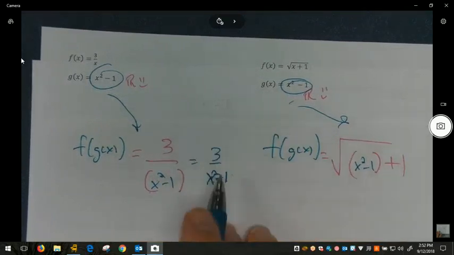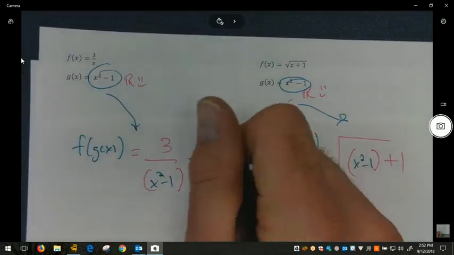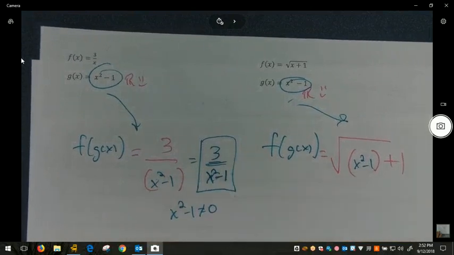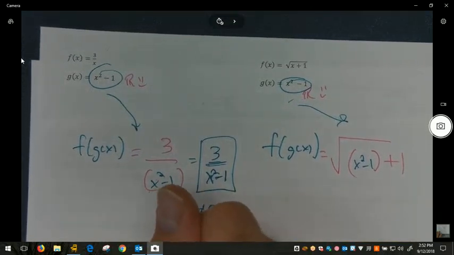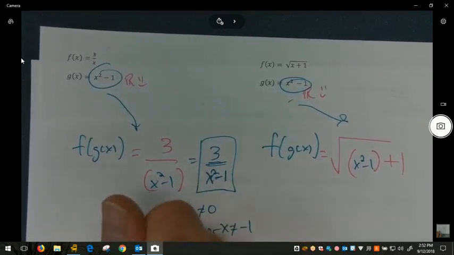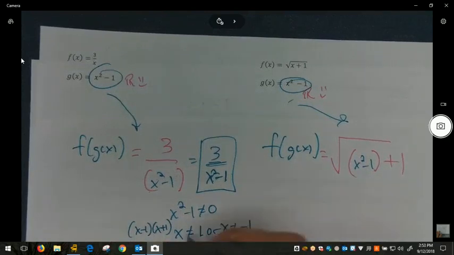I can't do anything. I can factor this, but it doesn't go away, and there's no common factors in the numerator to cancel it with. There are domain restrictions here. X squared minus 1 cannot equal 0, which means x cannot equal 1 or negative 1. When I factor this, x minus 1 by x plus 1, x can't equal 1 or negative 1.